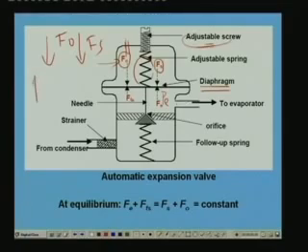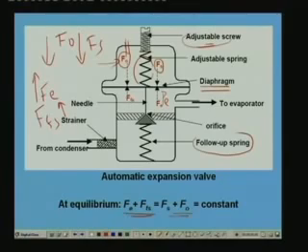There is also a force because of the follow up spring, that is FFS. And when the valve is balanced, these forces must be balanced. So at equilibrium Fs plus F0 is balanced with Fe plus FFS.